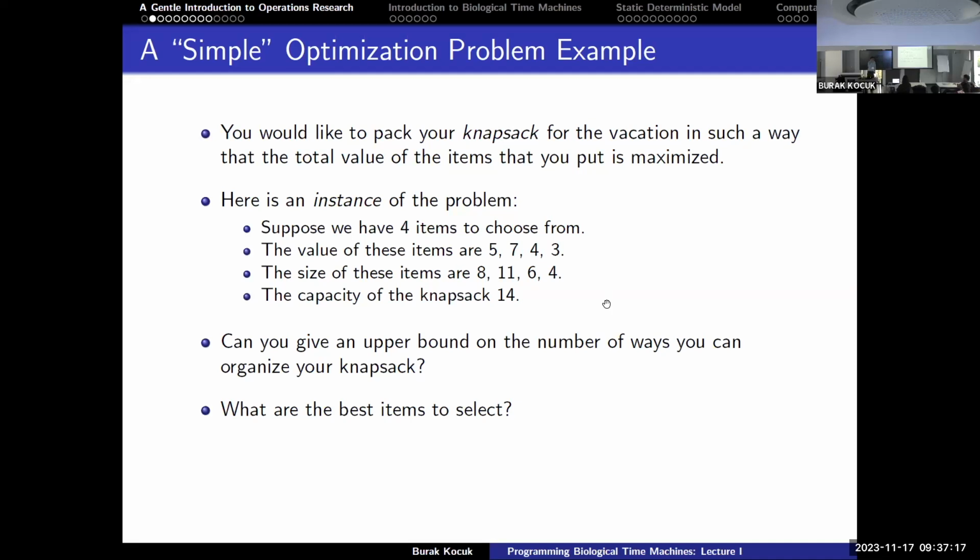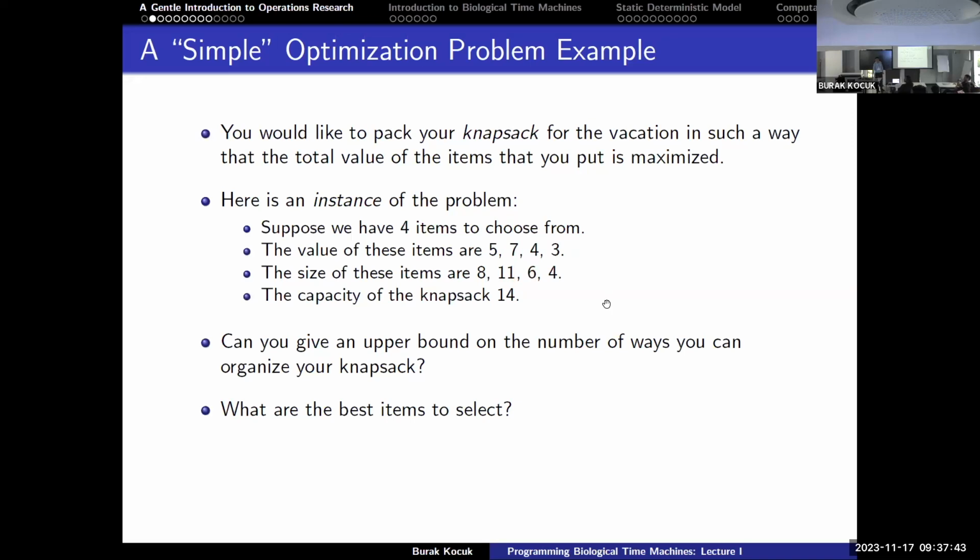Because this is a simple problem, I think we can solve it. What are the best items to select? If I choose 7 and 4, it won't fit.